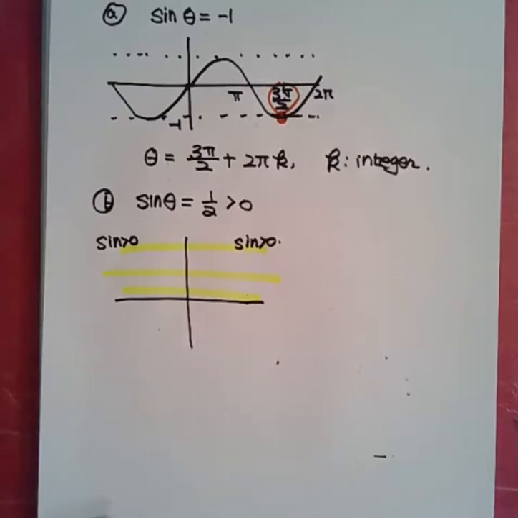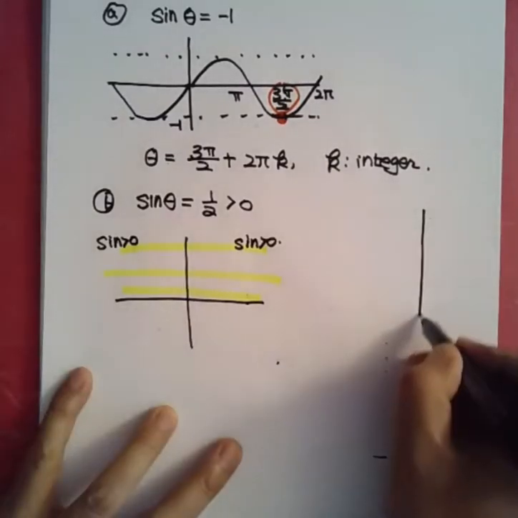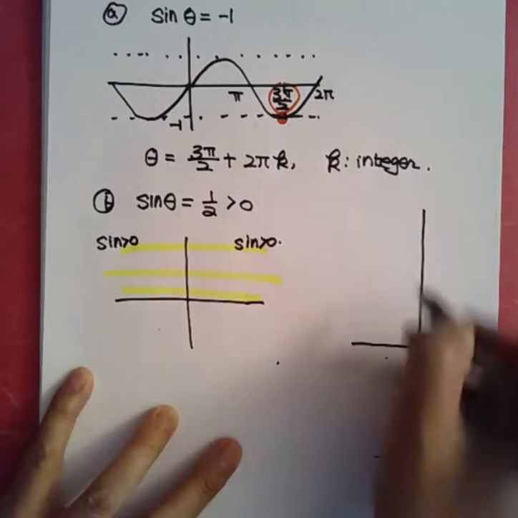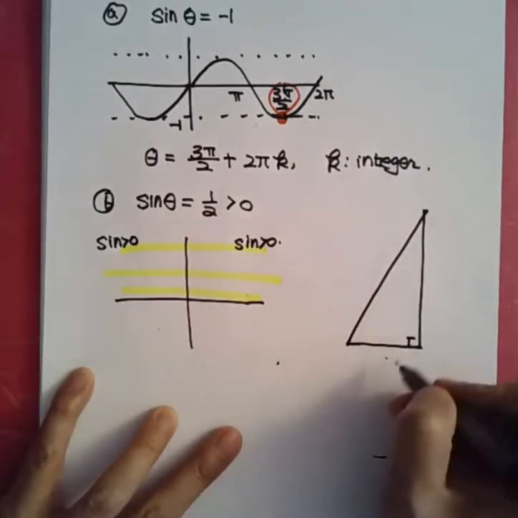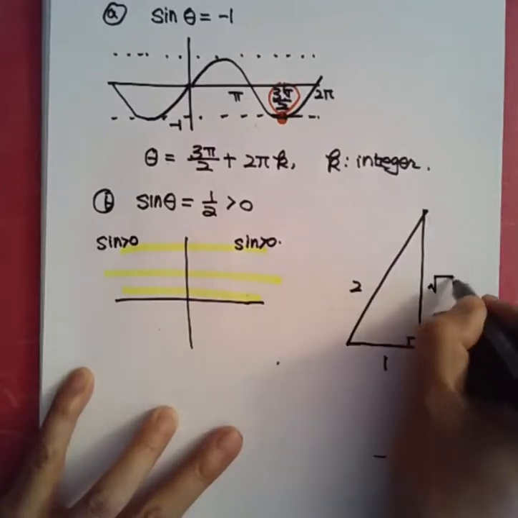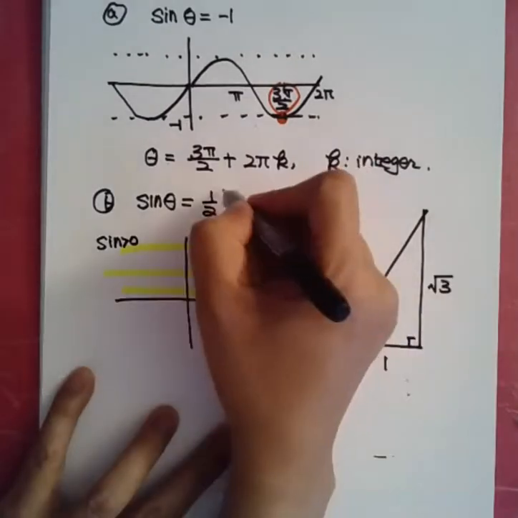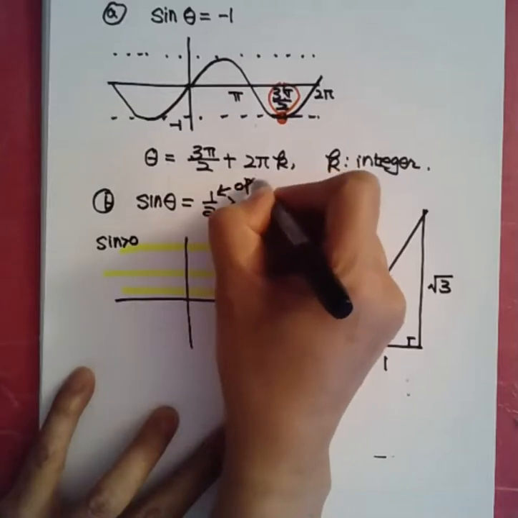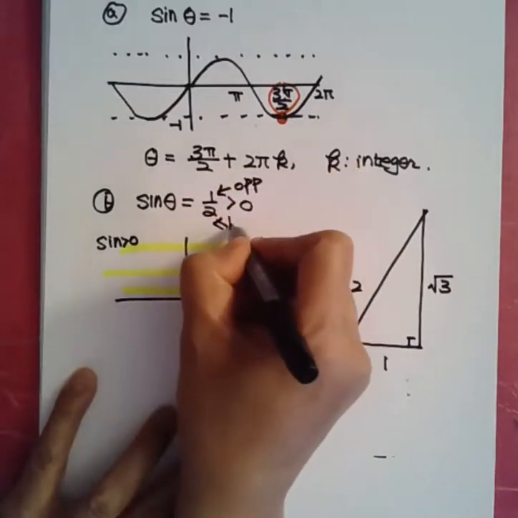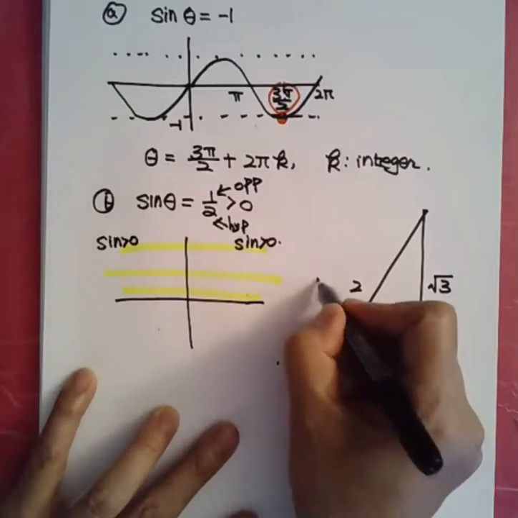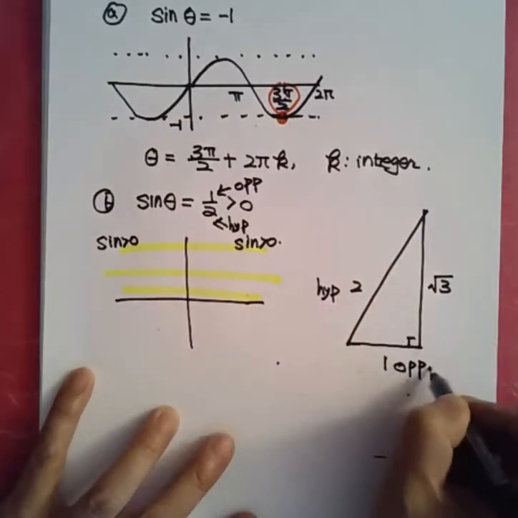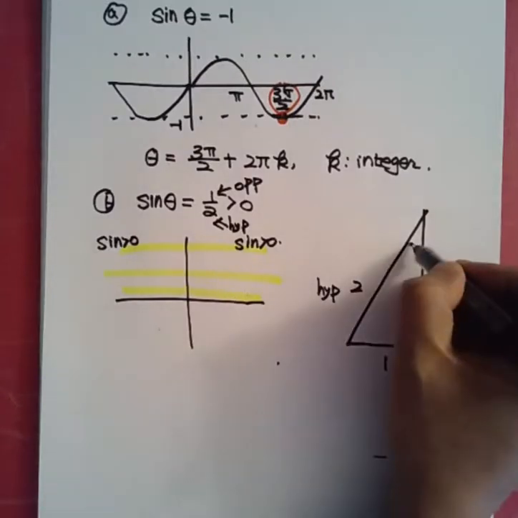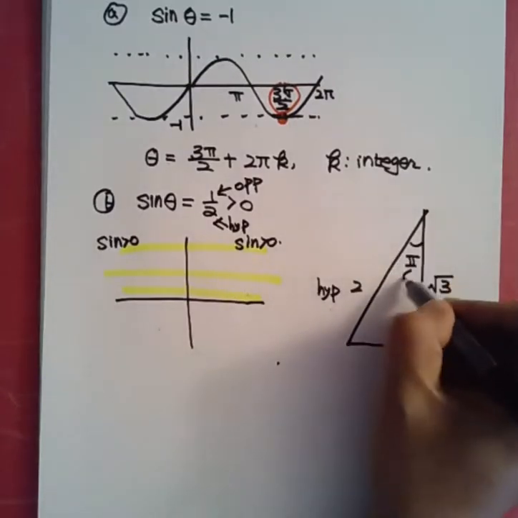The other important thing is the reference triangle associated to that is the 30, 60, 90 degree triangle. One is opposite and two is hypotenuse. One is opposite to pi over 6.